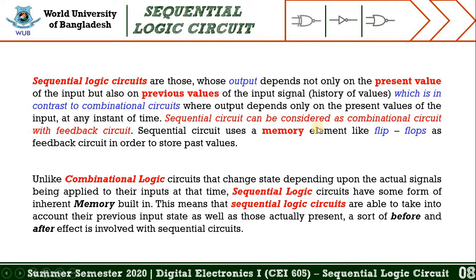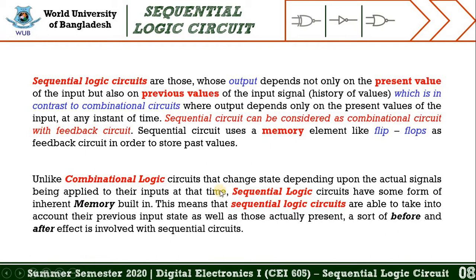A sequential circuit can be considered as a combinational circuit with a feedback circuit. A sequential circuit uses a memory element like flip-flops as a feedback circuit in order to store past values.